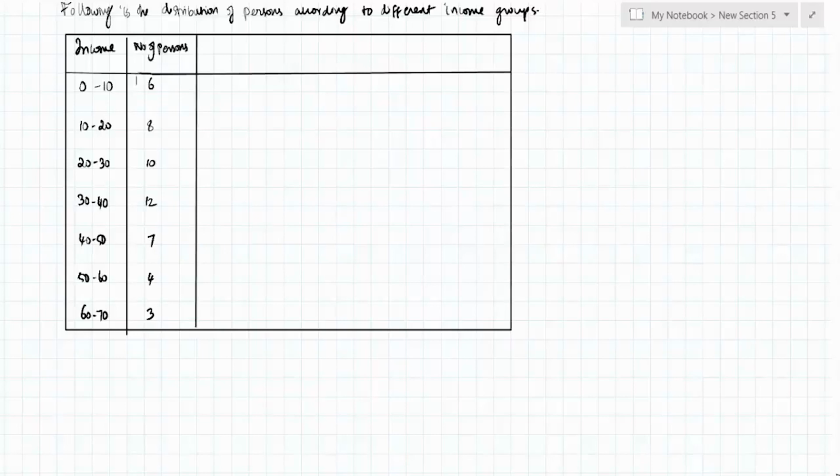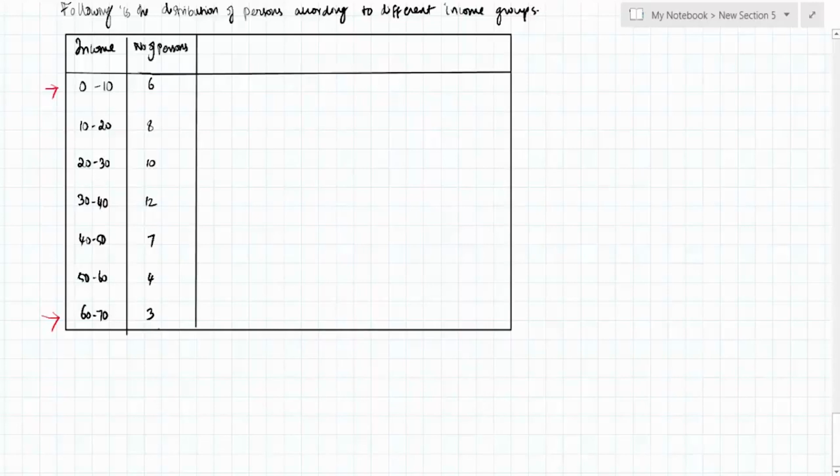So you have the range starting from 0 to 10, and it goes at the class interval of 0 to 10, 10 to 20, 20 to 30, and it goes up to 60 to 70. The number of people with the income range between 0 to 10 are 6, 10 to 20 are 8, 20 to 30 are 10, and it goes like 12, 7, 4 and 3.